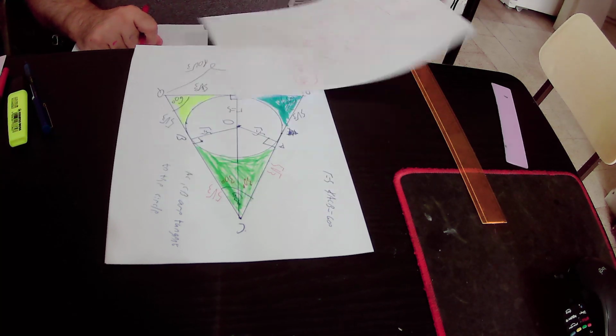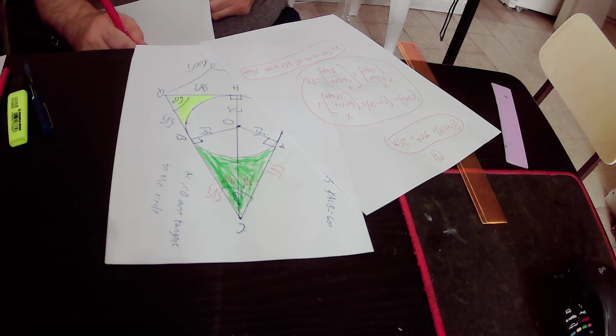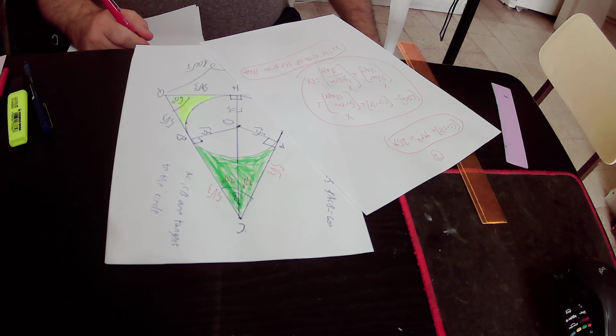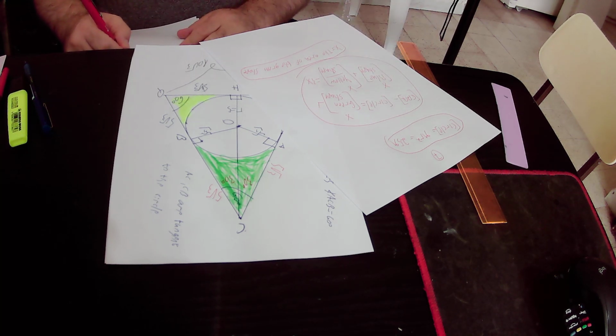Okay, so we do it now. The area of triangle CPQ is 75 times root 3, and the area of the circle is 25 pi square units.